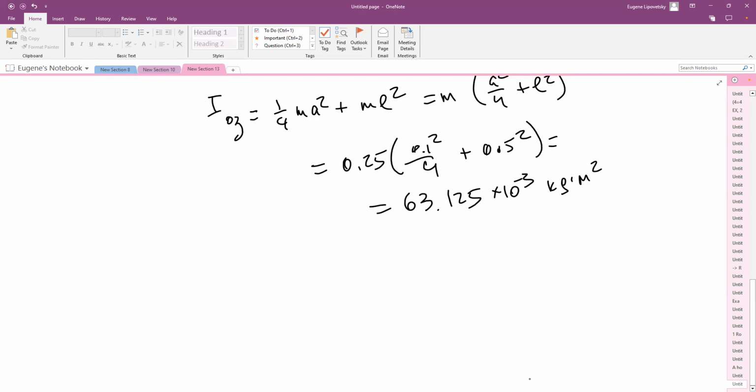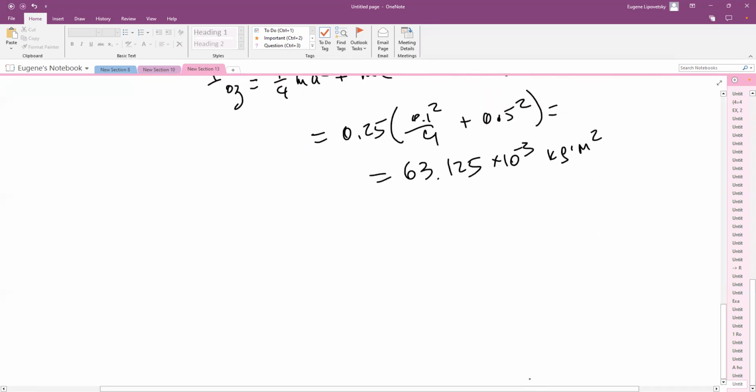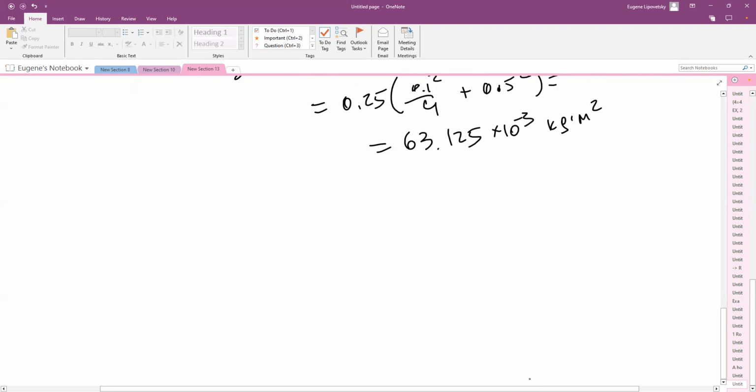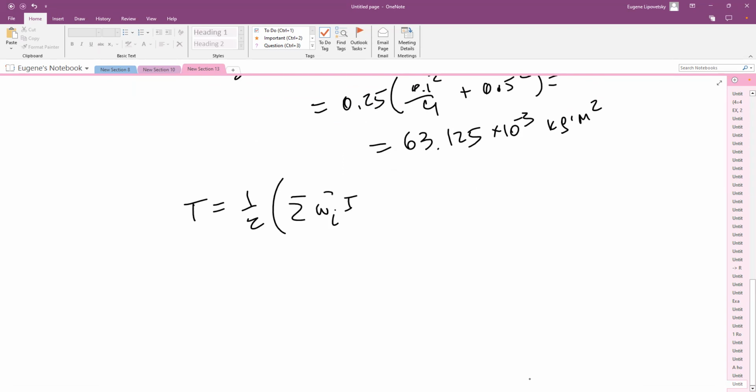All right. And then we'll have that the energy T equals to 1/2 of, and there's going to be summation of omega I squared I, and we have just 2 pieces.